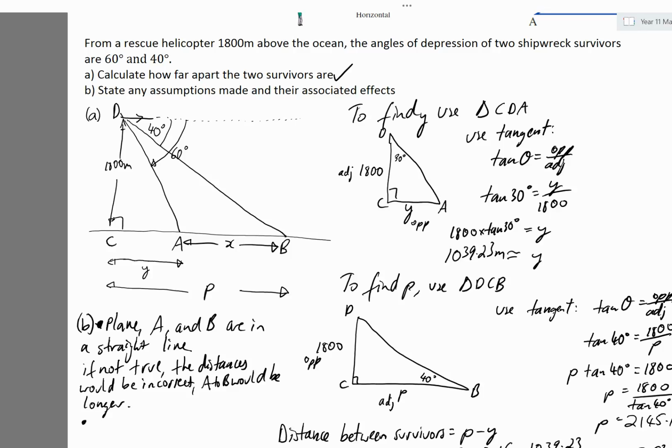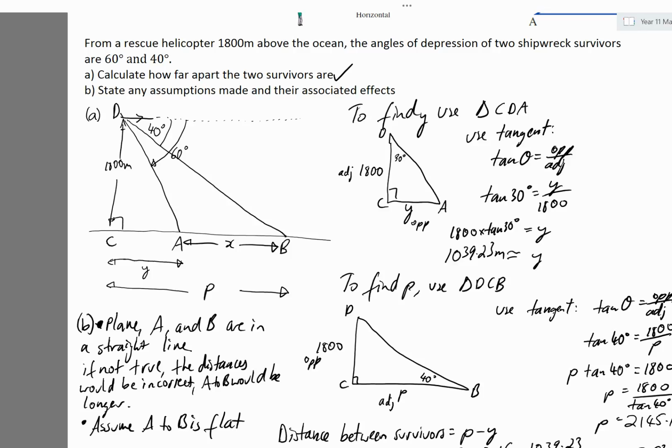The other assumption is that the thing from A to B is flat. Okay, we drew that flat, we're assuming it's flat. Okay, the ocean is pretty flat, so it's reasonable to assume.